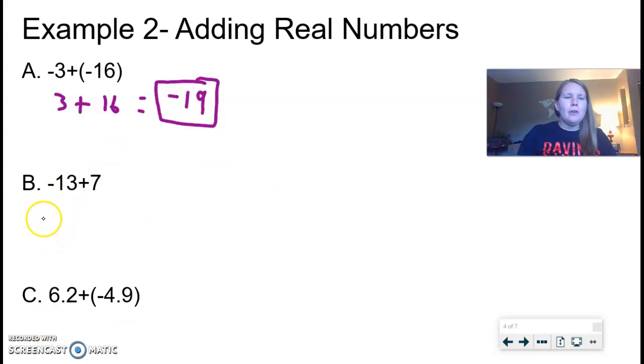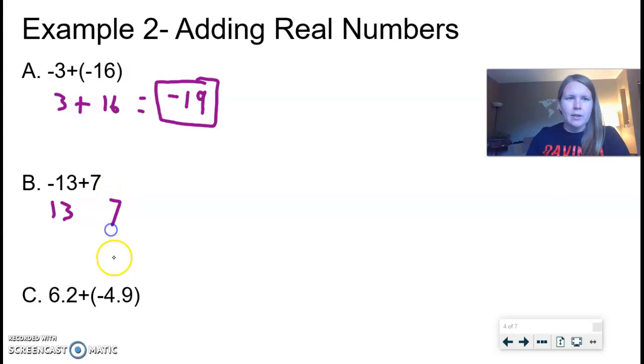All right, B then. I can already tell that I have two different types. I have a negative and a positive number. So in this case, I want to take the absolute value of each. The absolute value of negative 13 is 13. The absolute value of 7 is 7. They're opposite signs, so we subtract.